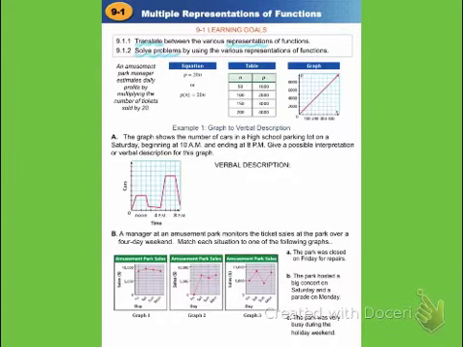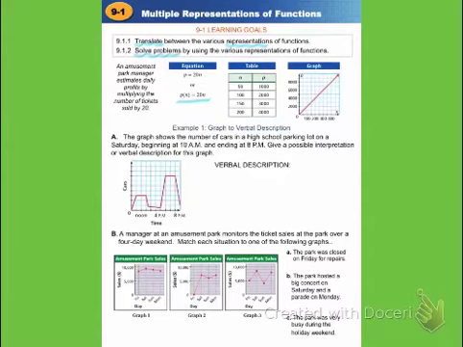The first way is in words. An amusement park manager estimates daily profits by multiplying the number of tickets sold by 20. Then that would be in the word format. In an equation, we could say P, meaning the profits, is equal to 20 times n, or if we wrote it in function notation, we could say P of n is equal to 20n.